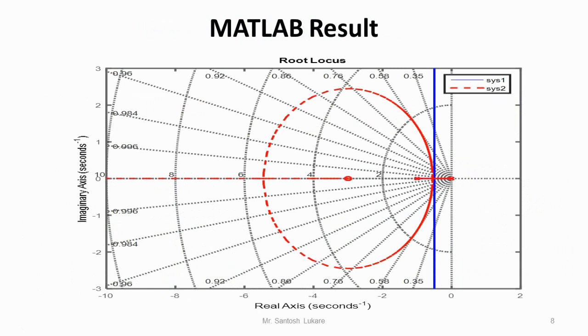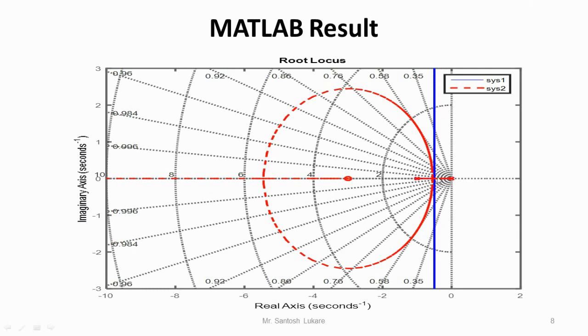So this is the root locus of system 1 and system 2 plotted together using MATLAB. Here it is observed that the red color root locus is for the system with the added zero, and the green color is the root locus of the original system.